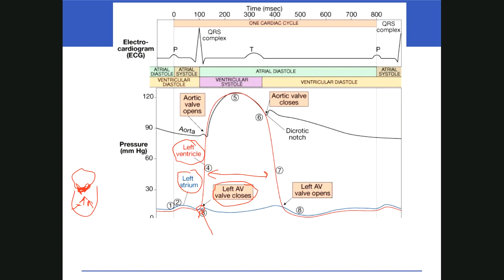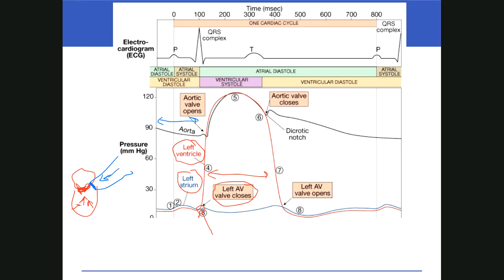If I continue to follow the line up, look, over here, this whole area from here to here, the black line is higher than the red one. And when the pressure in the aorta is higher than it is in the ventricle, the valve is closed because blood's trying to go backwards.